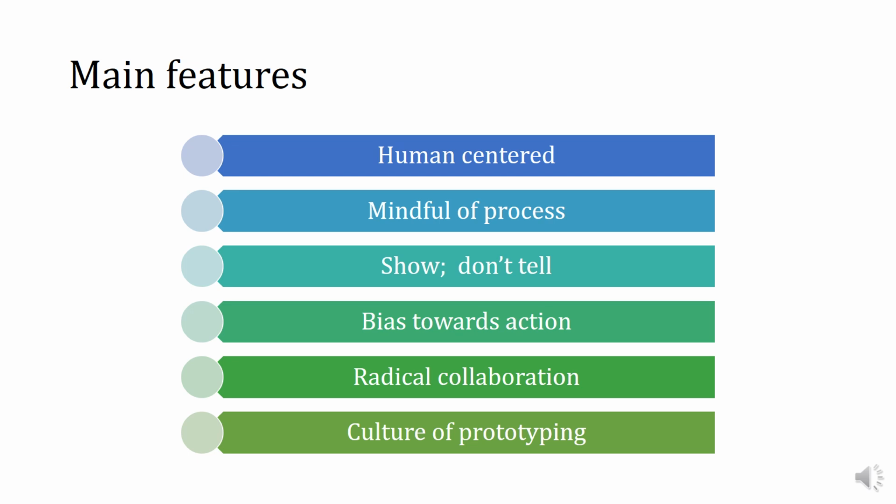Second, it is mindful of the process at every stage: you do mindstorming, you do brainstorming, you take advantage of your team members, and you take inputs from different aspects of the users. The third feature is show, don't tell, because in this process we develop a prototype.